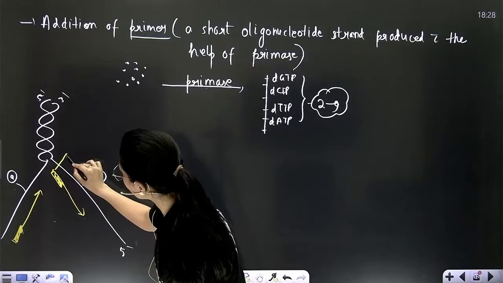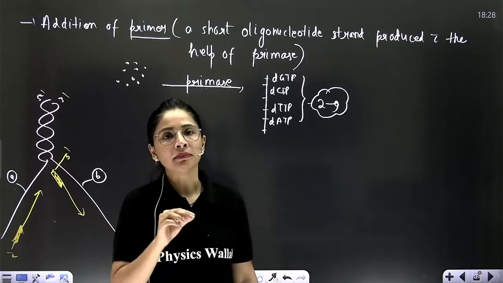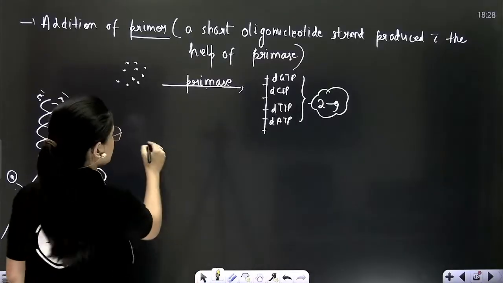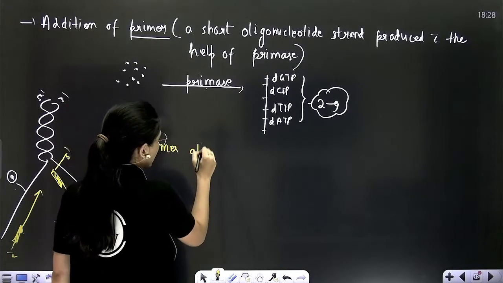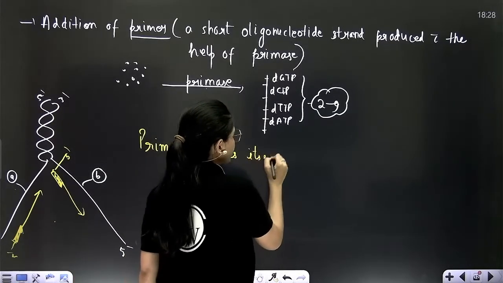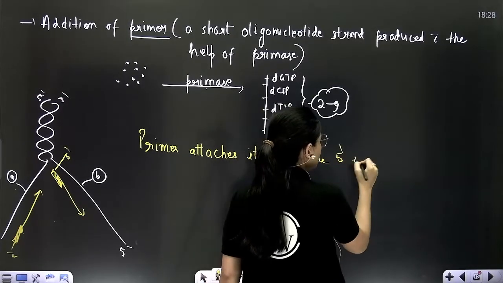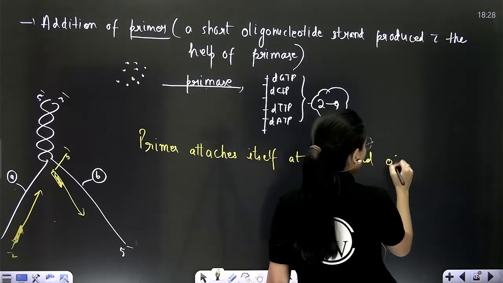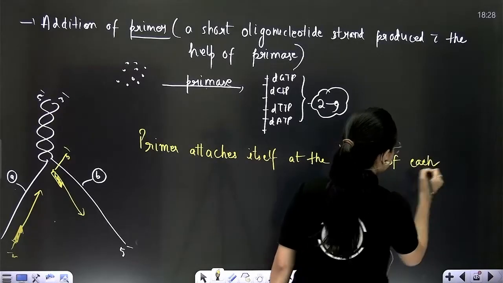That means at the 5 prime end of the daughter strand, primer is going to get attached. So primer, beta, attaches itself at the 5 prime end of each daughter strand.